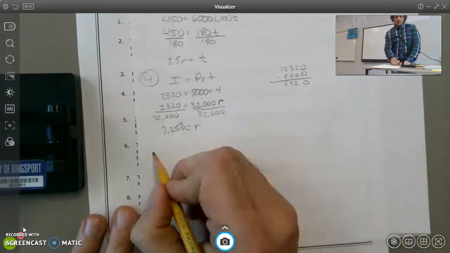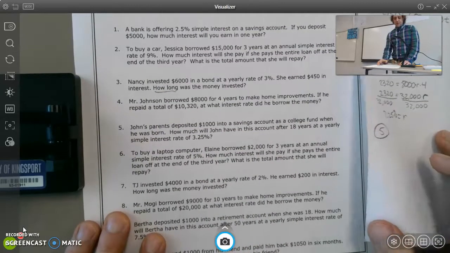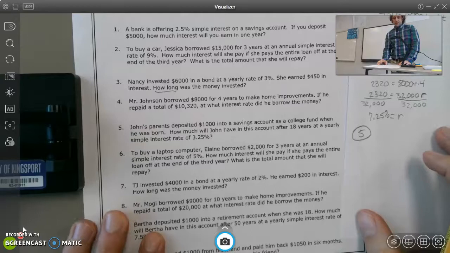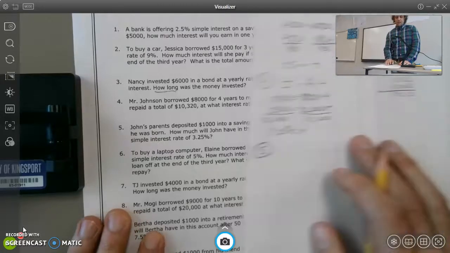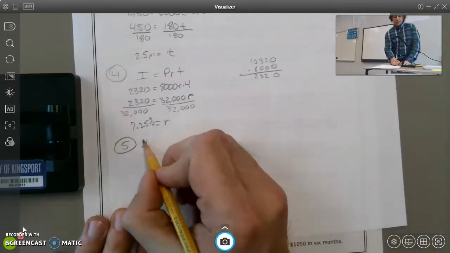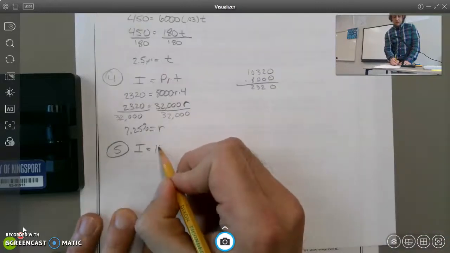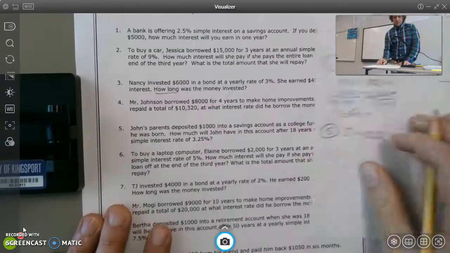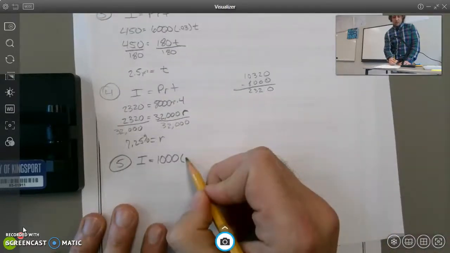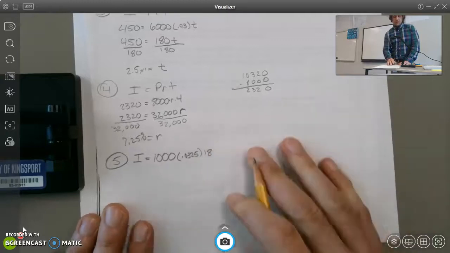All right, let's check out number 5. John's parents deposited $1,000 into his savings account as a college fund when he was born. How much will John have after 18 years at 3.25%? Interest equals, started with 1,000 is our principal, and our rate is 3.25%, so 0.0325, and our time is 18 years.